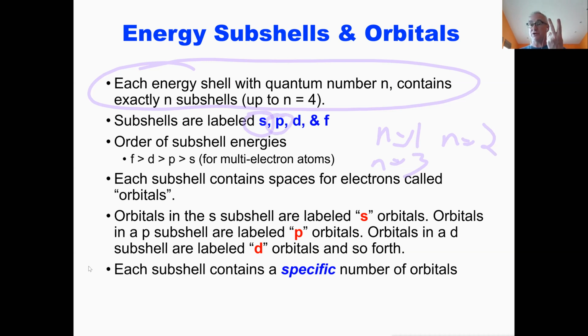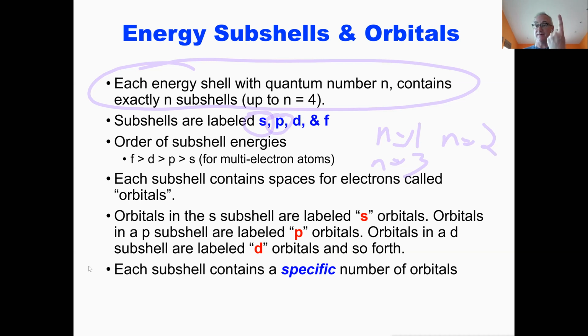So at n equals 2, the next level further away from the nucleus, now we have 2 subshells, S and P. When we get to 3, the third level away, now we have 3 subshells present.